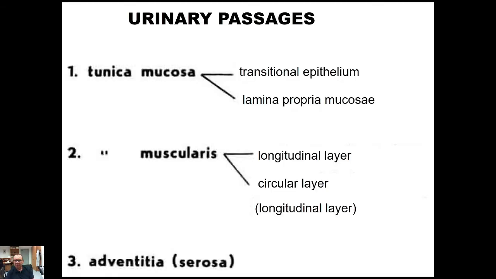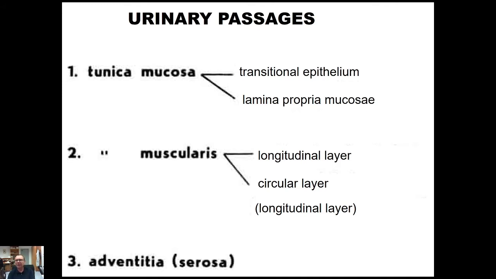And we are leaving the kidney, and we are going to urinary passages. Urinary passages are hollow organs, and so we can recognize some layers of their wall, as usually. And the first of them, the innermost layer of urinary passages, is tunica mucosa.